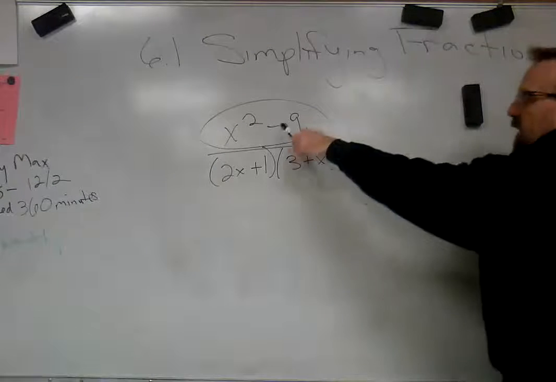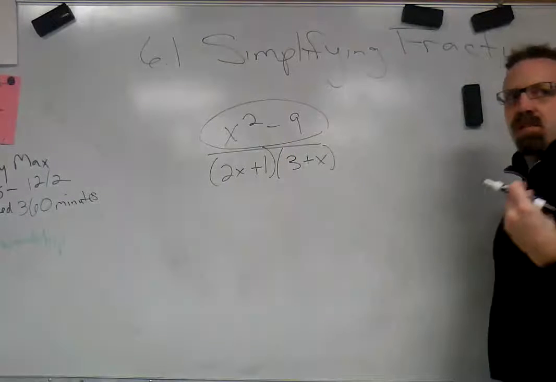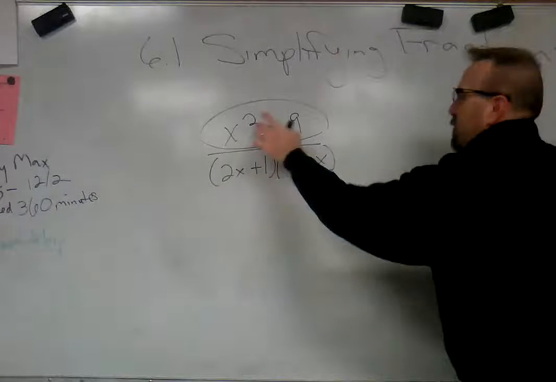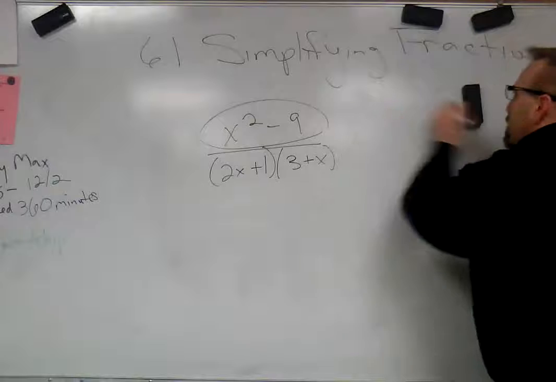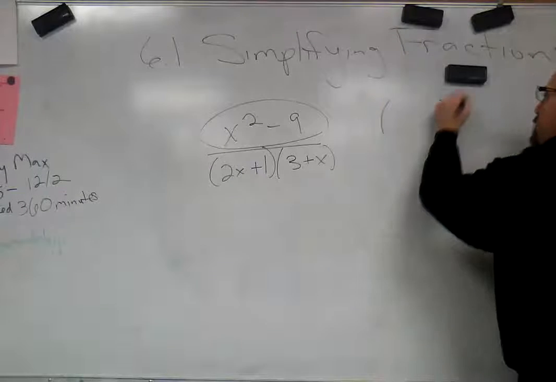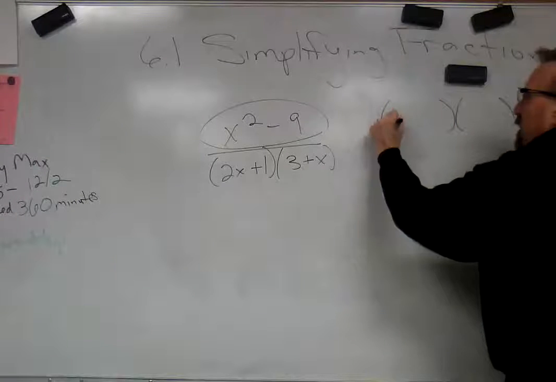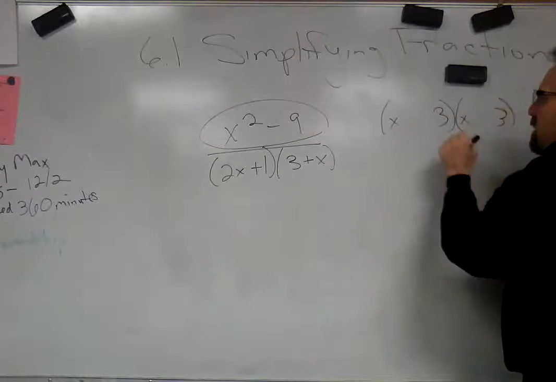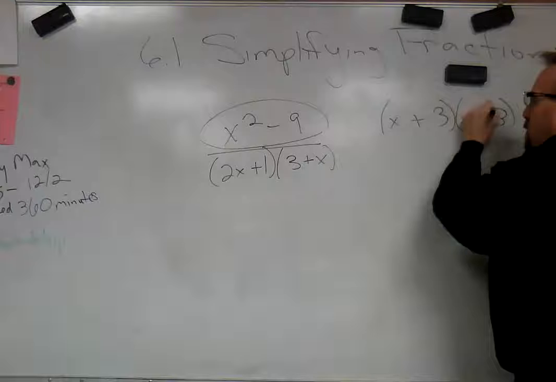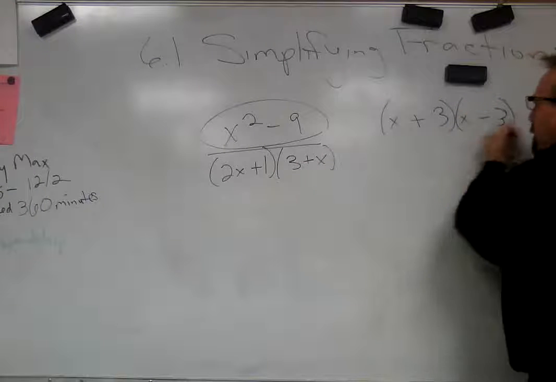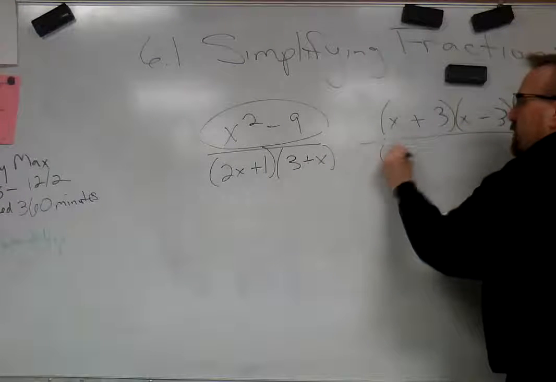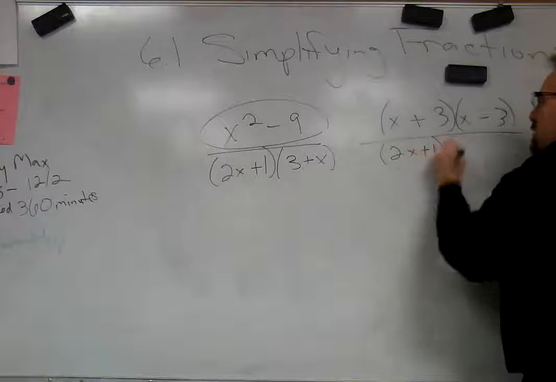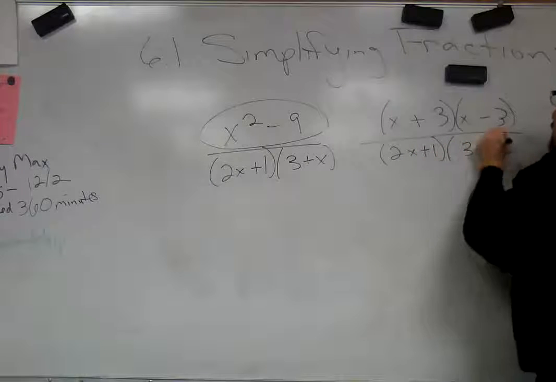We have subtraction and we have two squares, so it's the difference of two squares. x squared minus 9 gives us x and 3, and 3. One of them's plus, one of them's minus.